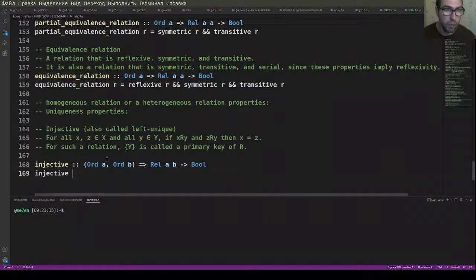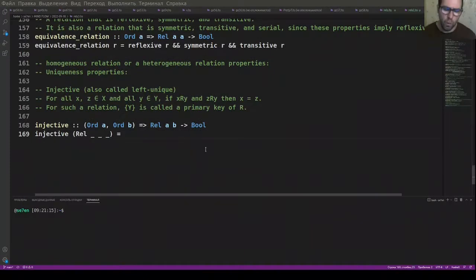So I think we need to pattern match on our relation, of course. We have these three sets here, and what do we need? We have the image of our relation.